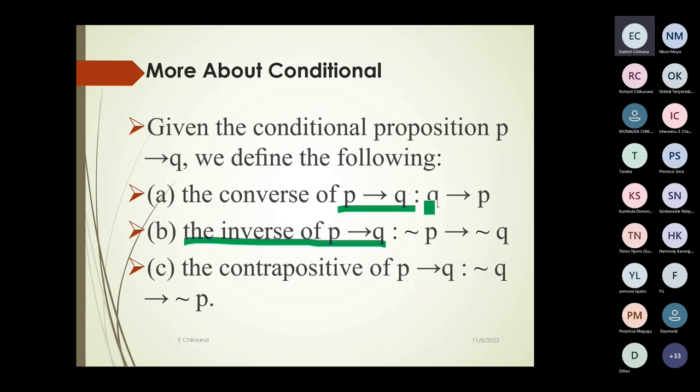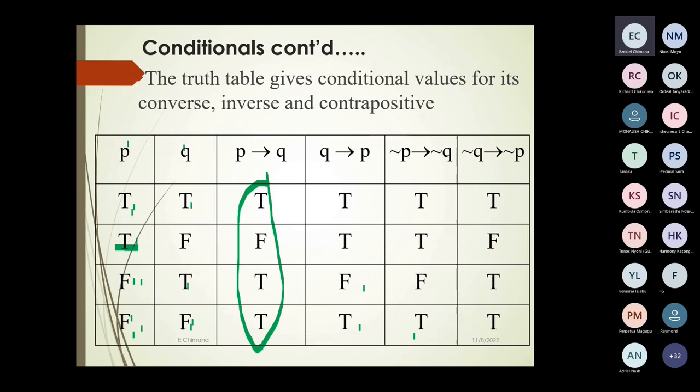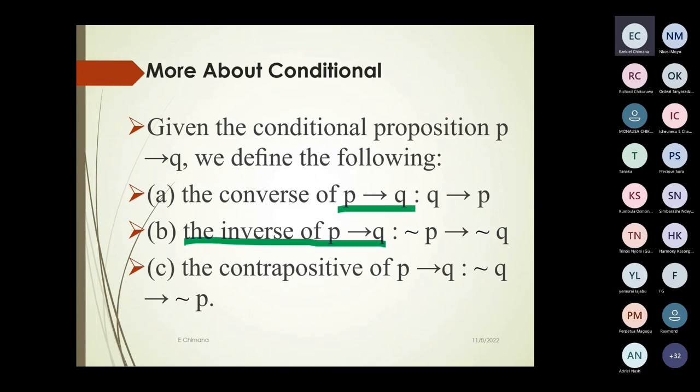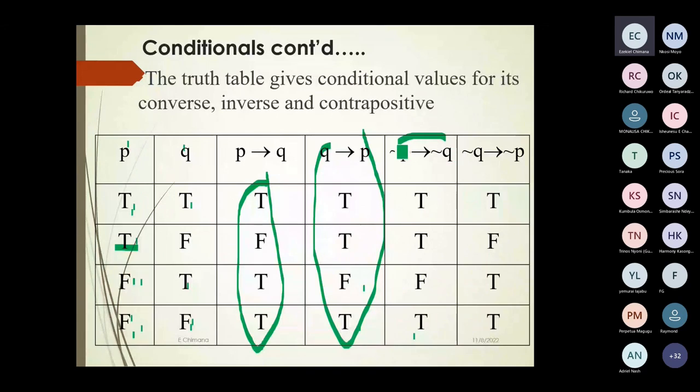Here, the converse of P implies Q will be Q implies P, which is here. This one will be your converse. And then if we come here, the inverse of P implies Q will be the negation of P implies the negation of Q, which will be this one.